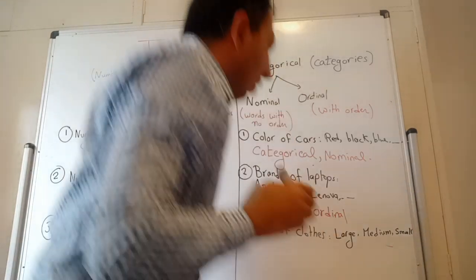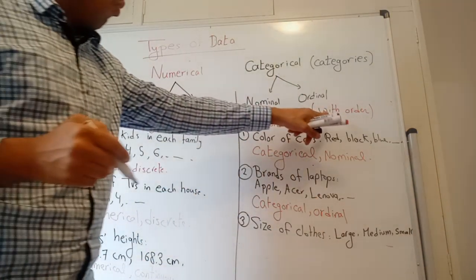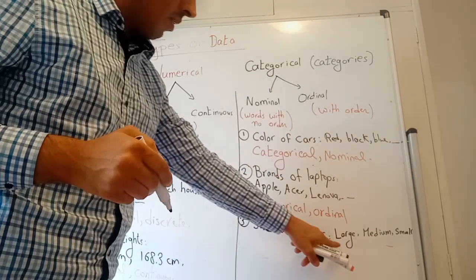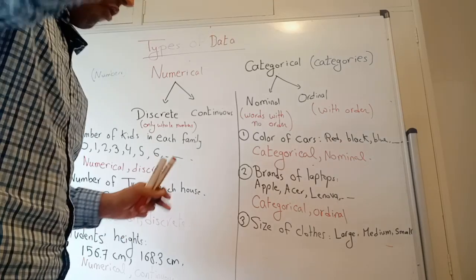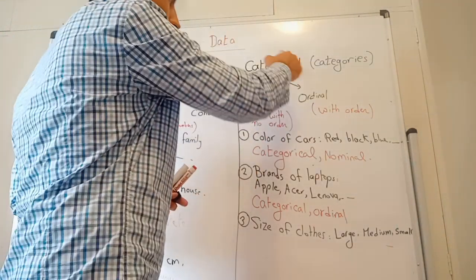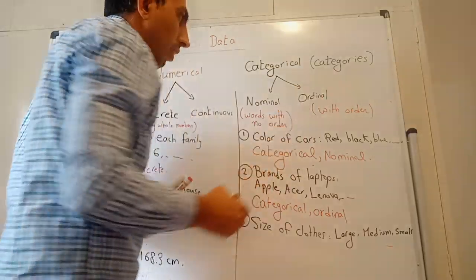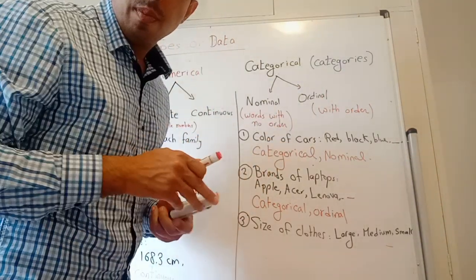You can see we have words here, but there is order, right? So we have this data with order: large, medium, small. So this is categorical, ordinal, ordinal with order.